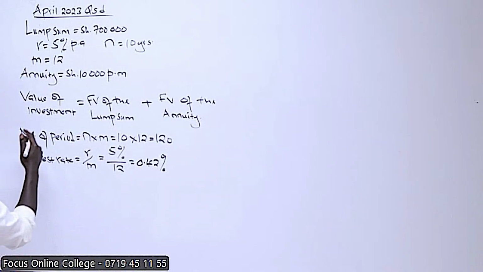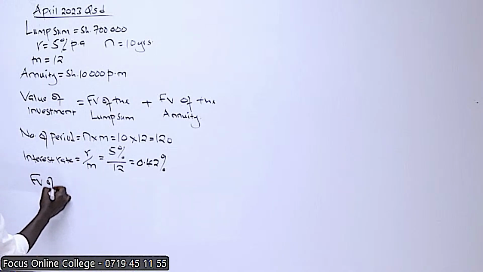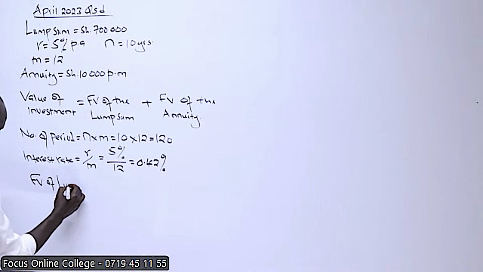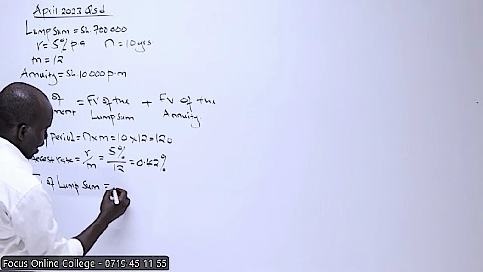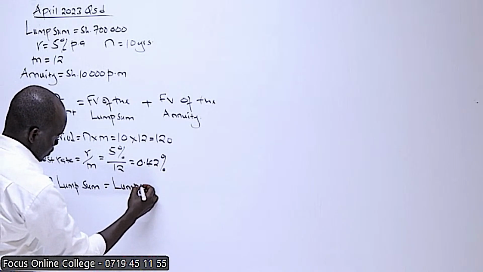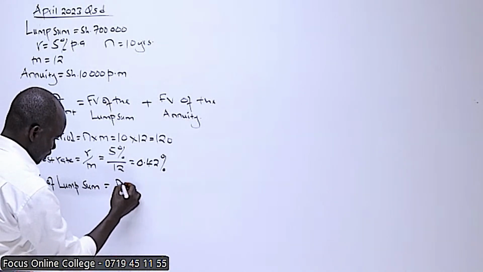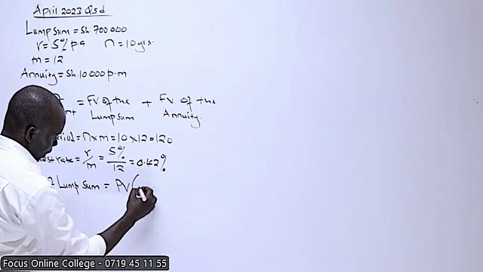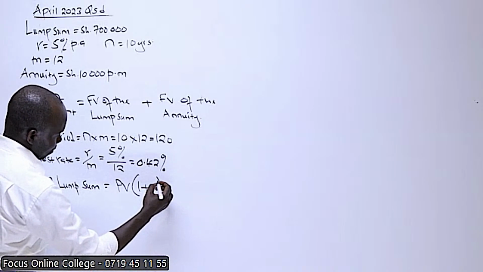So we start with the future value of the lump sum. Future value of a lump sum is equal to the present value times (1 plus R) power n.